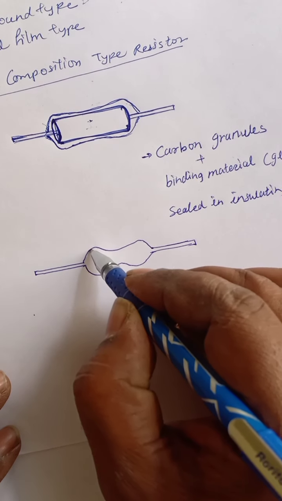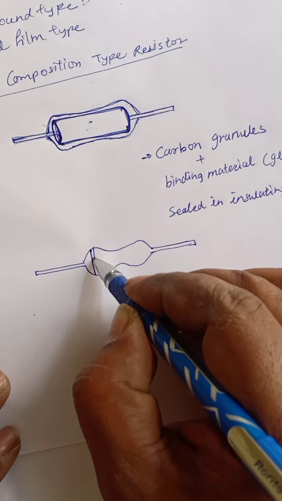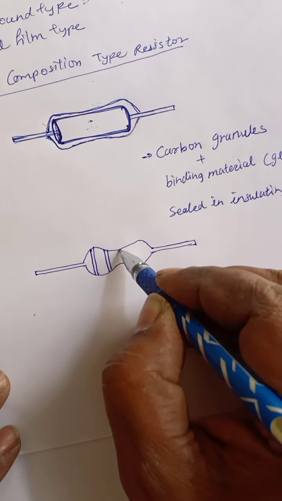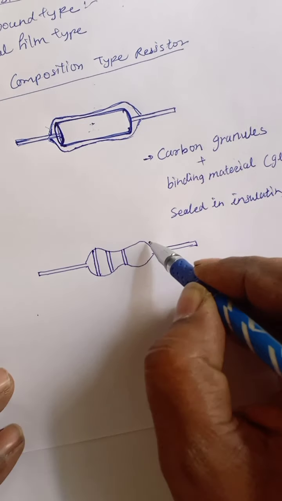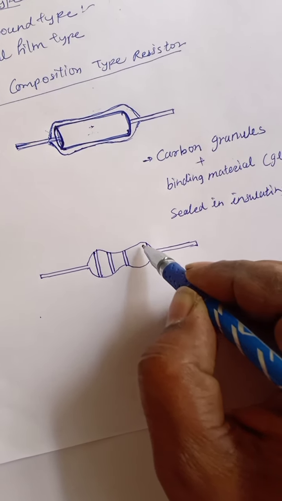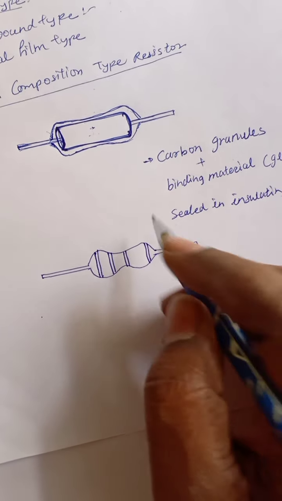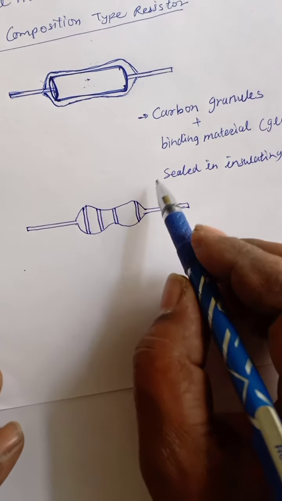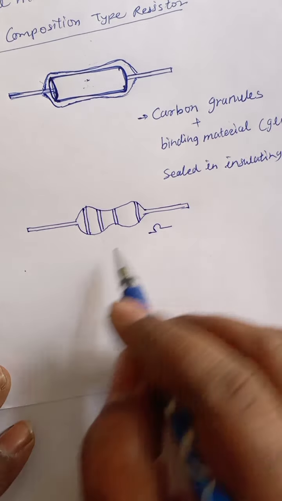The colors are printed on the body of the resistor to give its exact resistance value in ohm.